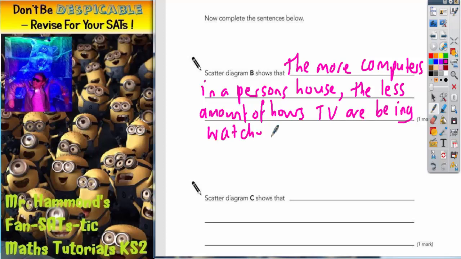And that would be a perfectly good answer to this question. If you do want to give a little bit of extra detail just to make sure, you could just put in brackets that that is negative correlation.